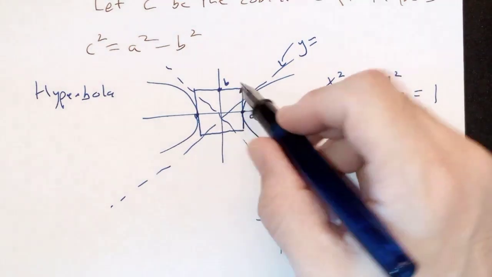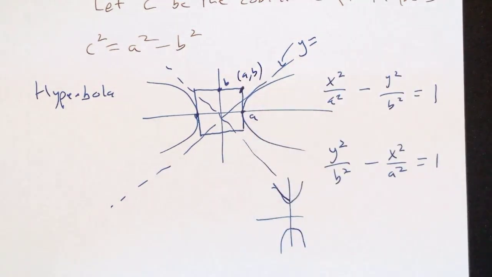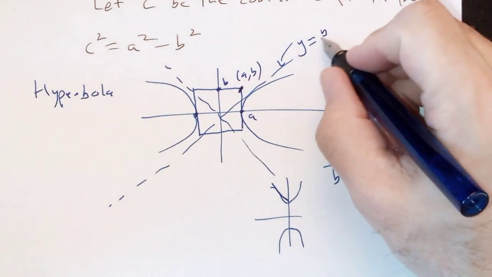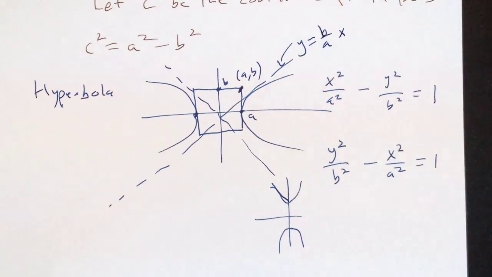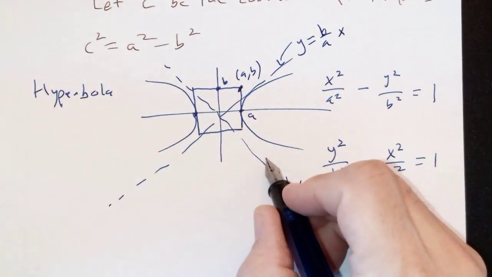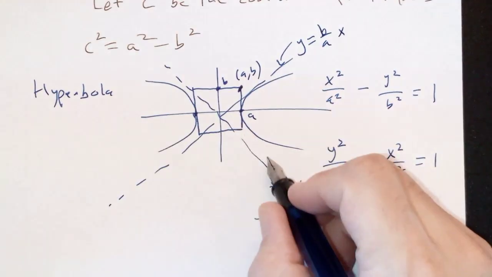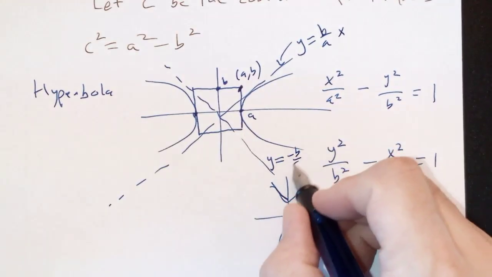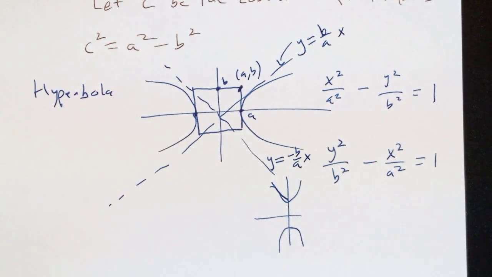That corner is over A, up B. Our rise is B, our run is A, because we started at 0. And down here, that's just going to be the opposite corner, so that'll be negative B over A, X.